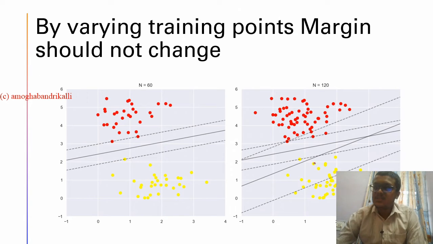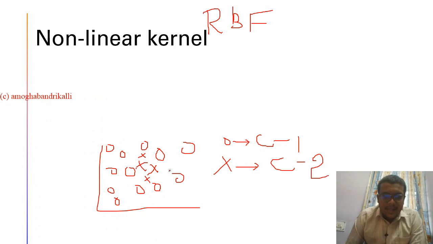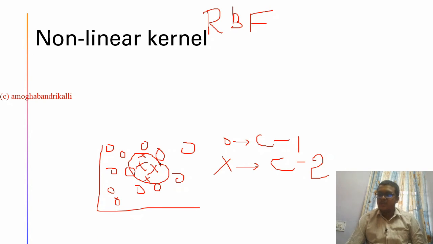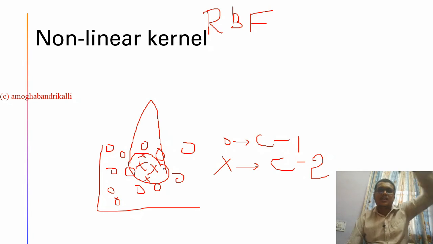Now what this RBF is going to do is find the exact circumference of a class. How it is going to find a circumference is by finding a variance. You need to find the circumference of these points like a cone. So it will be in the shape of a cone.